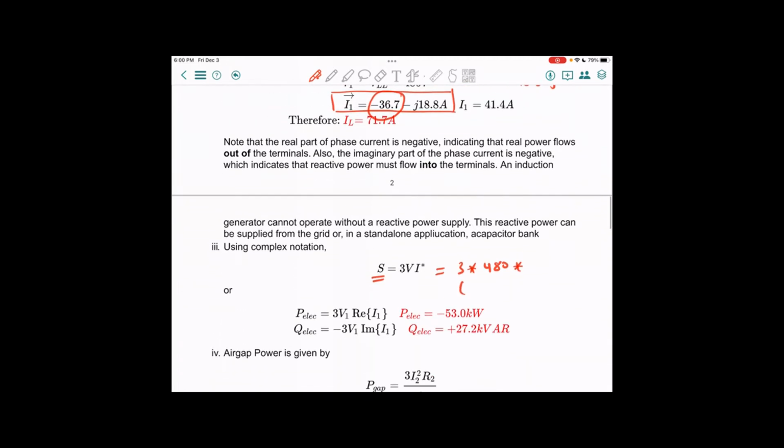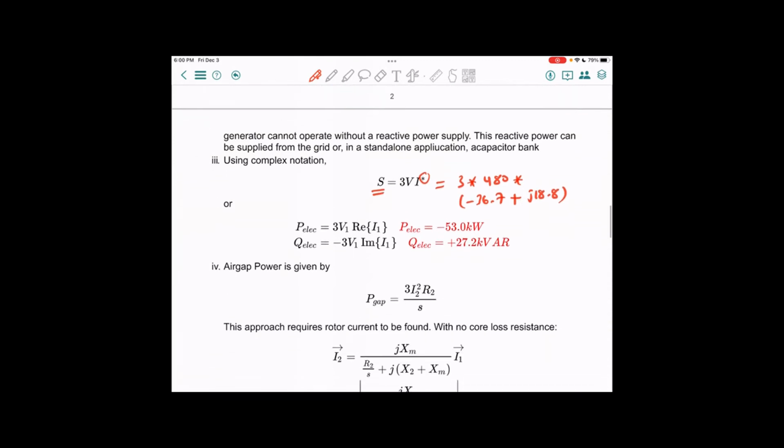I is minus 36.7 minus j18.8, so I will place it as positive j18.8. Why positive? Because that is how you find a conjugate. The star means conjugate, so you just switch the sign of the imaginary part. Fine.